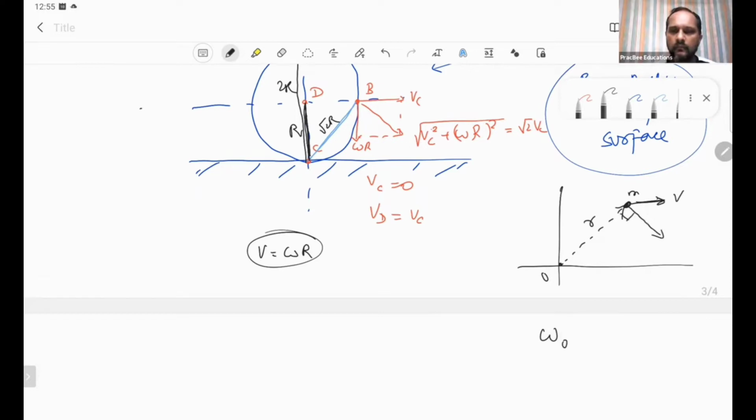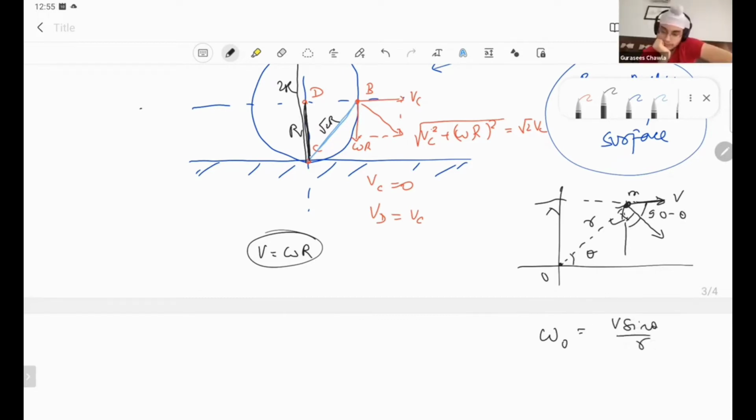Let's say this angle is theta, so this becomes 90 minus theta, and this becomes v sin theta. So v sin theta upon r is the angular velocity about point O. This is how we find the angular velocity of any particle about any point.